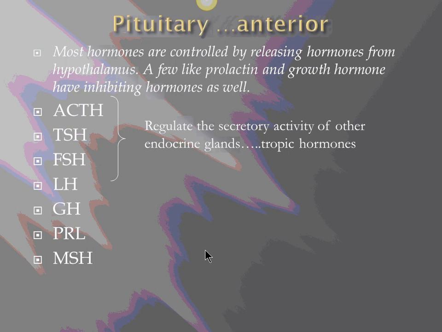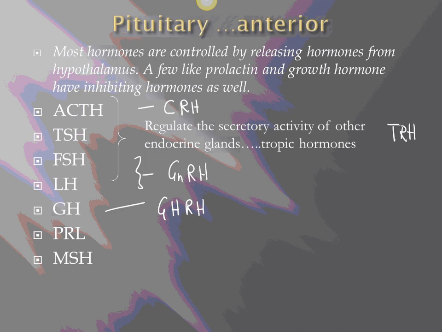Now here, let's look at the anterior pituitary. As I said, most of the hormones of the anterior pituitary are controlled by releasing hormones. So we had growth hormone releasing hormone, gonadotropic releasing hormone, corticotropic releasing hormone, and for TSH, we had thyroid releasing hormone.